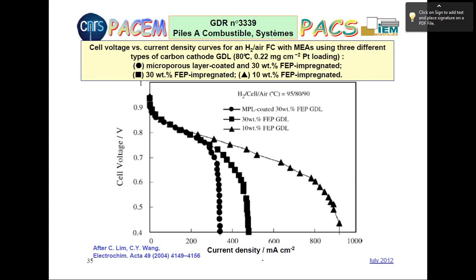The main point is the diffusion of oxygen in the gas diffusion layer. The gas diffusion layer is tricky and difficult. It's a technological approach. You must have some secrets on how to make the best gas diffusion layer to avoid mass transfer.